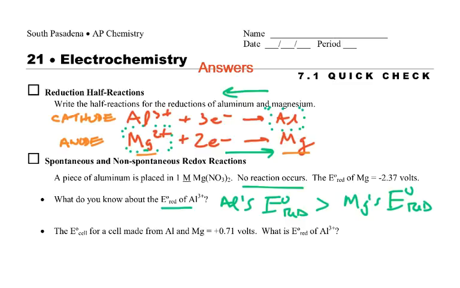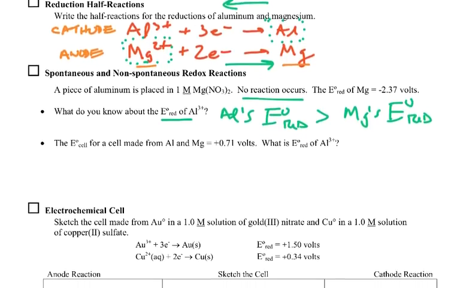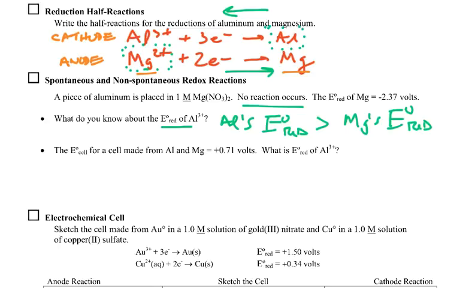So the E cell for a cell made from aluminum and magnesium is positive 0.74 volts. So what is the reduction potential of aluminum? Well, I do know that the E of the cell is equal to the reduction potential plus the oxidation potential.